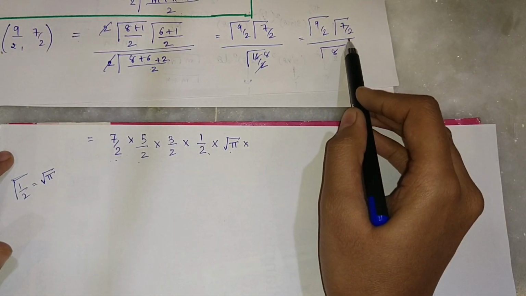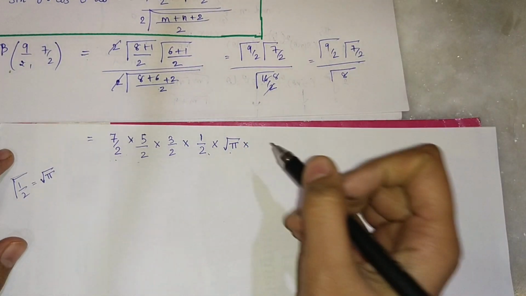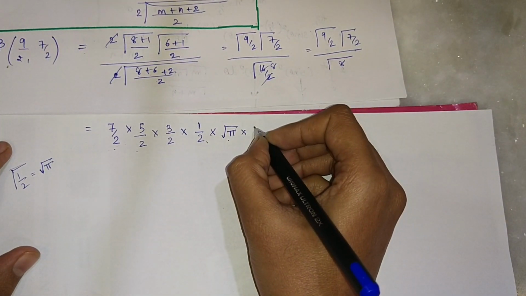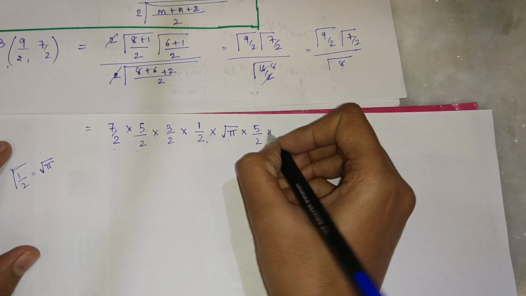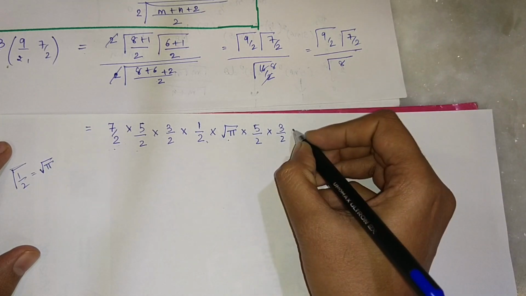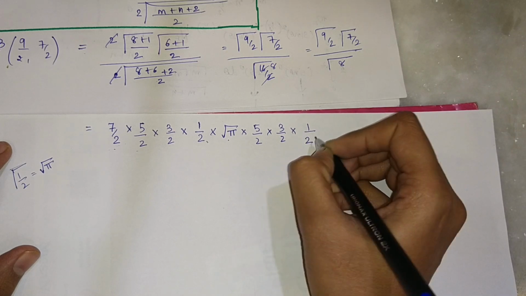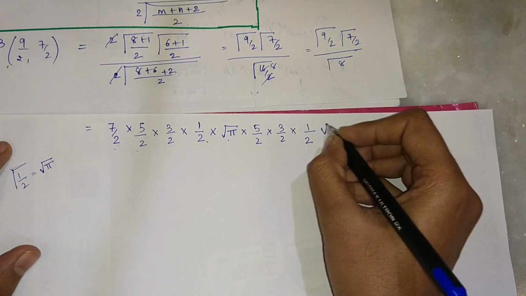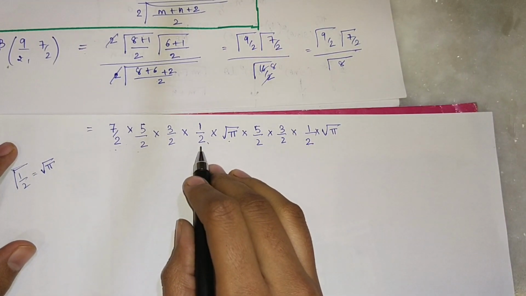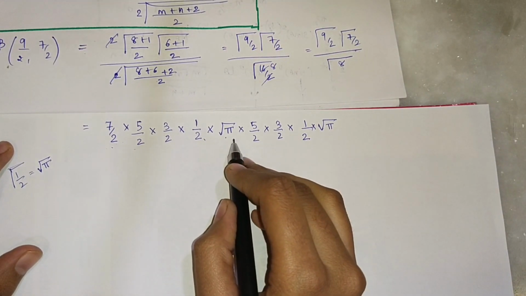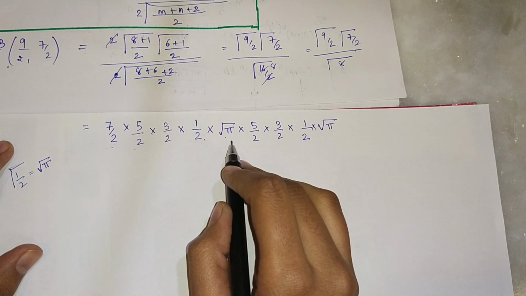Now you have to go for 7 by 2. So for 7 by 2 you will write 7 by 2 minus 1, that is 5 by 2. Again 5 by 2 minus 1, that is 3 by 2. 3 by 2 minus 1 is 1 by 2. Again after you reach 1 by 2, you always have to write under root pi.